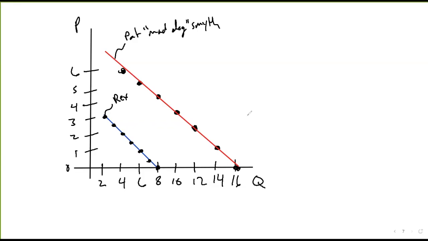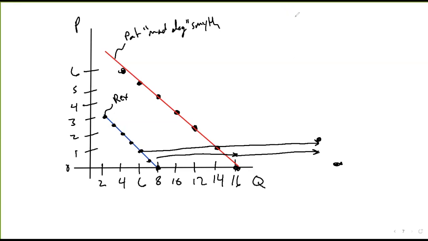And the market demand is going to be the sum, right, of the quantities, which means you take at each point, so you take 8 and 16 and add them together, which takes you out to 24, and 6 and 14, which takes you out to 21.